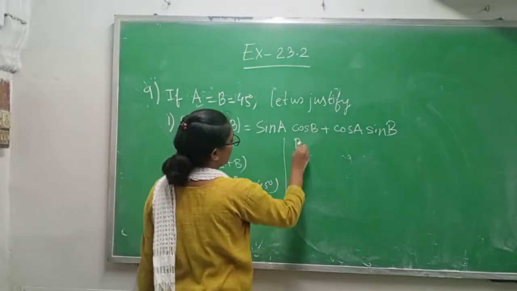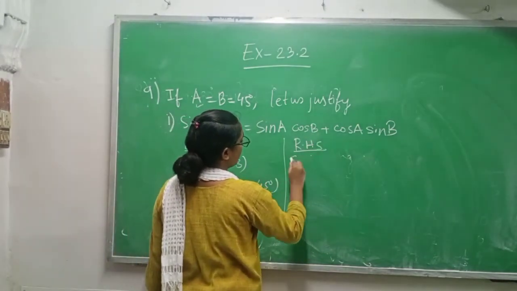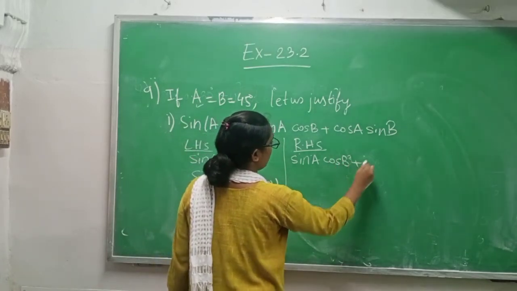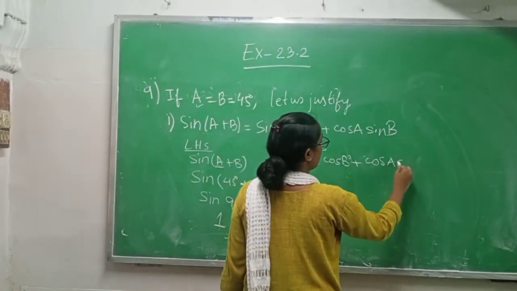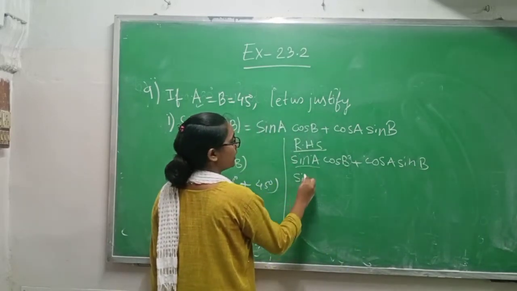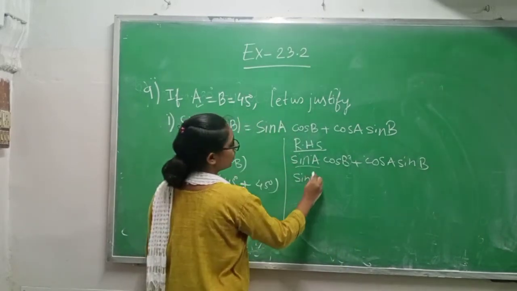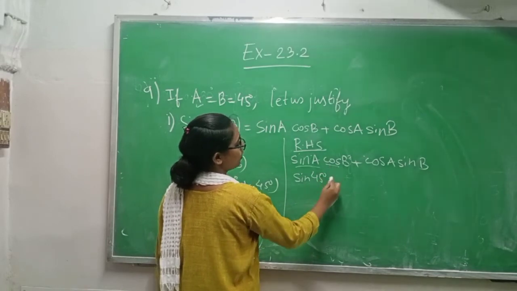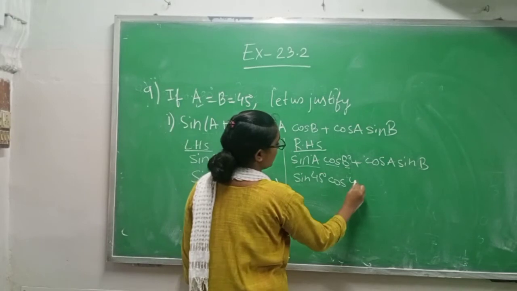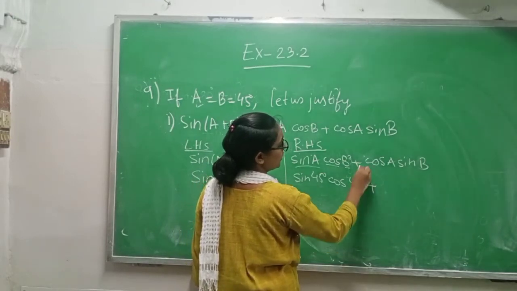So in RHS what you have: sin A cos B plus cos A sin B. Now sin A, sin you will write, A value is 45, so you will write 45. Then cos you will write, and B value is also 45. Then plus sign is here.